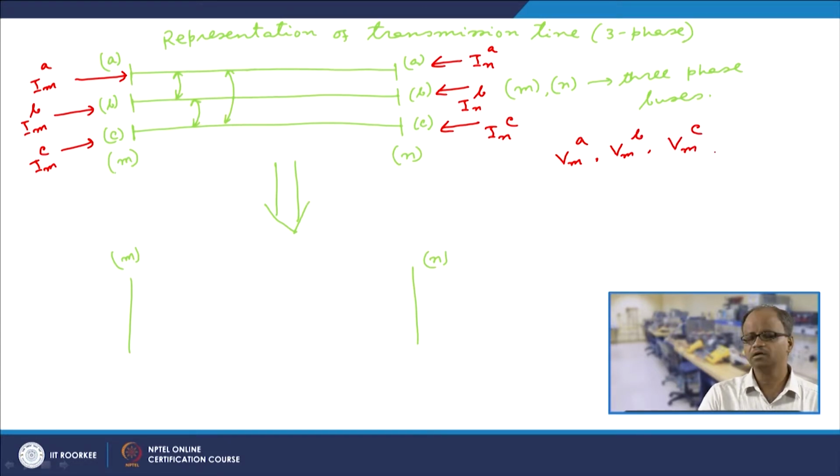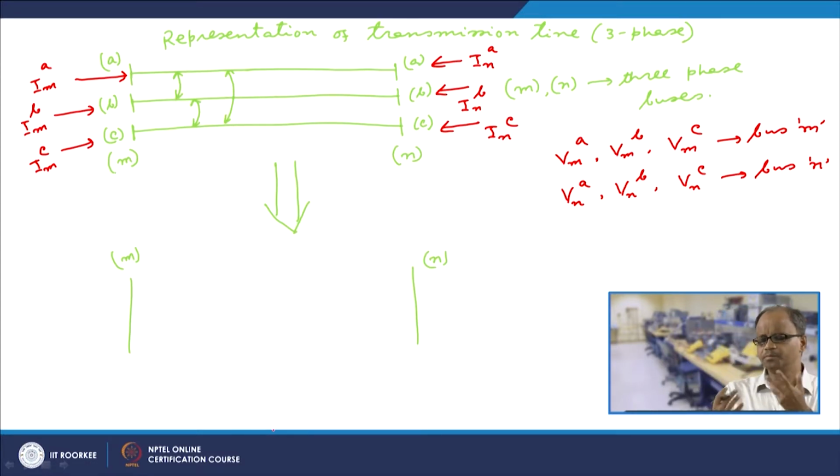So, these are the phase voltages of bus M, and similarly I do have V_NA, V_NB, V_NC. So, this is corresponding to bus M, this is corresponding to bus N.